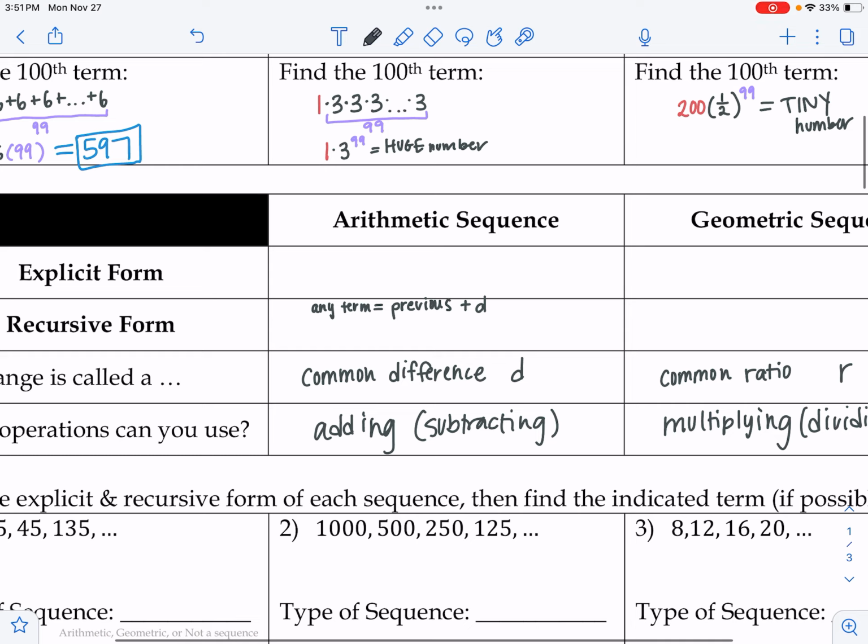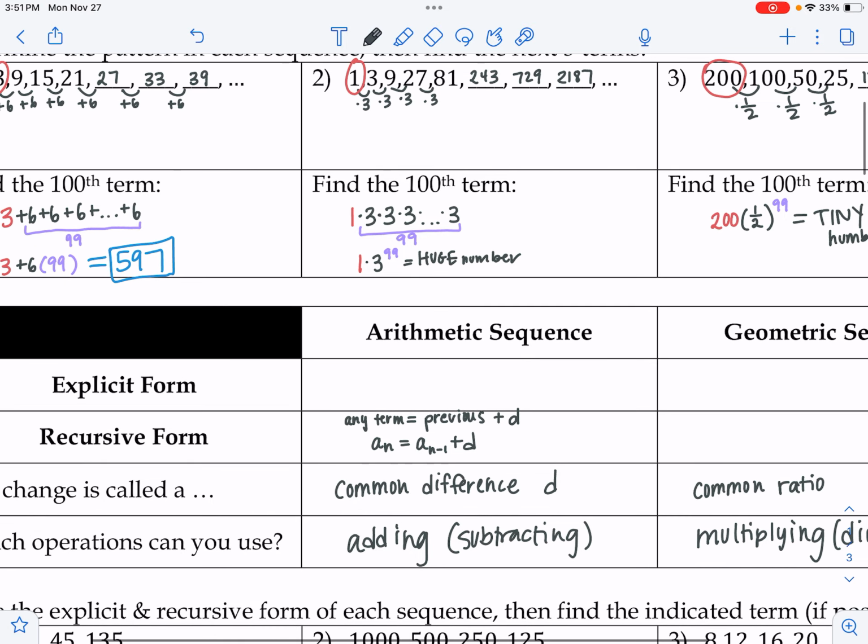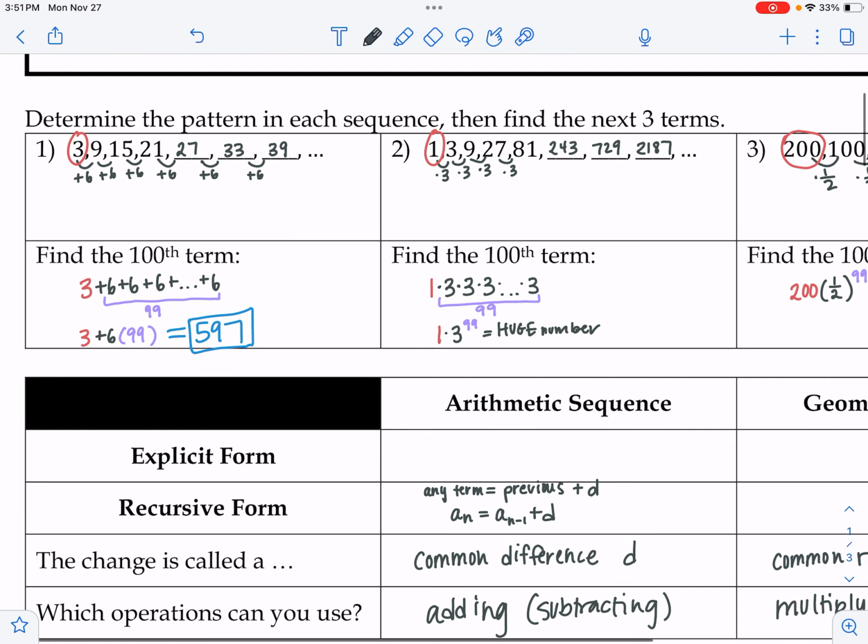And so using our notation, any term equals the previous term plus the common difference. And so in the case of number 1, any term equals the previous term plus 6.